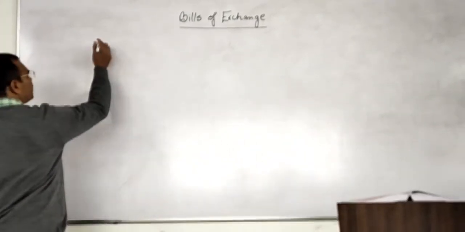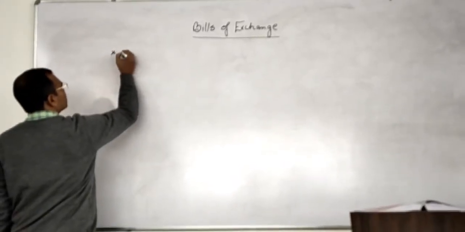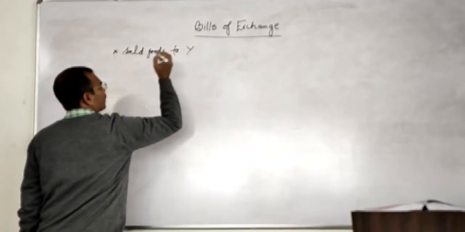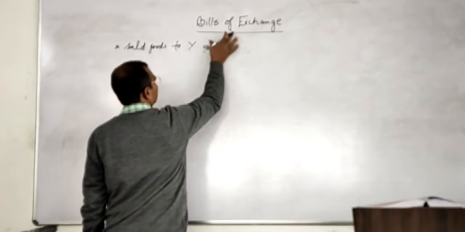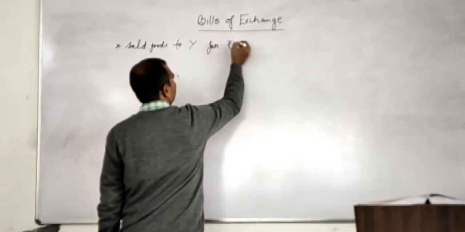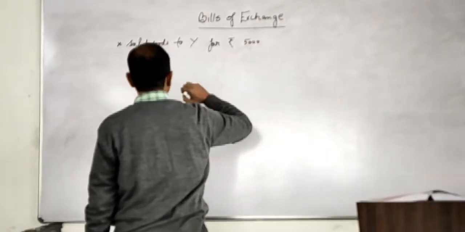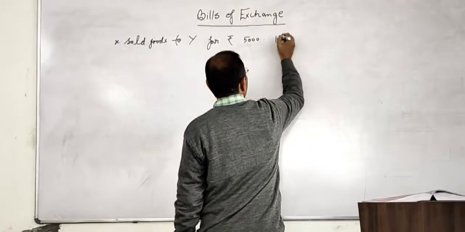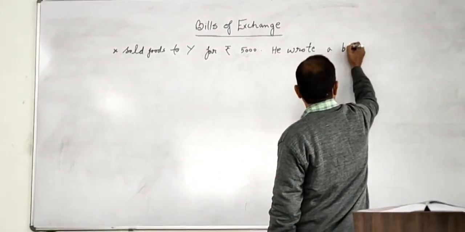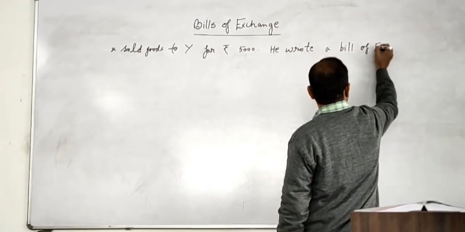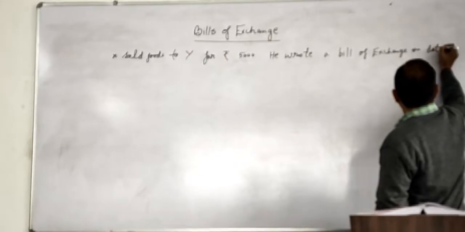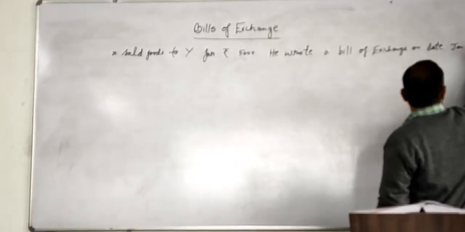Suppose the question is written here: X sold goods to Y for rupees 5,000, and he wrote a bill of exchange on the date 1st January 2019.